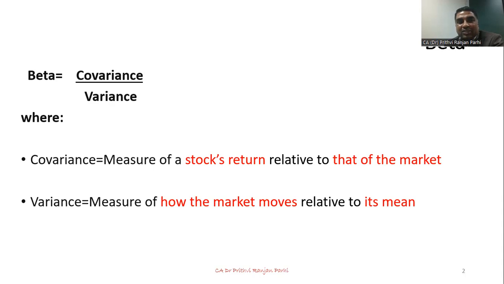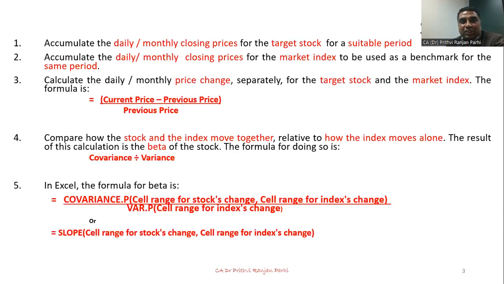Now I will be listing out some steps. Just have a look at these steps. To compute the beta factor, beta, as you know, measures the sensitivity of the stock with reference to the market. Beta represents systematic risk. All these things you are aware of. So how to compute it? First of all, we need to compute the returns of the stock.